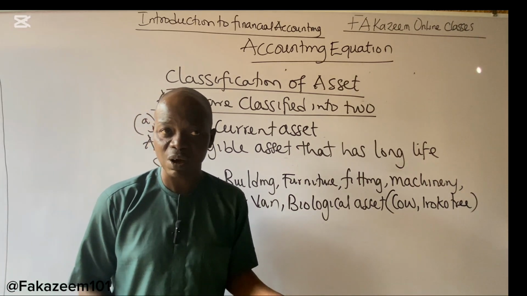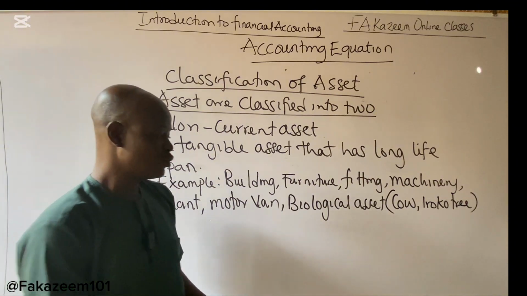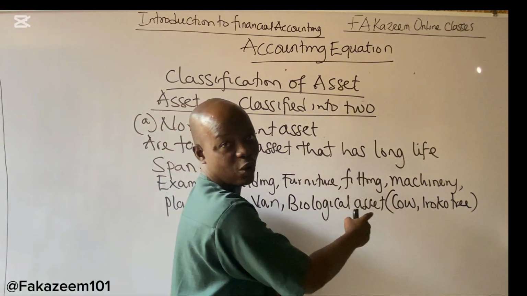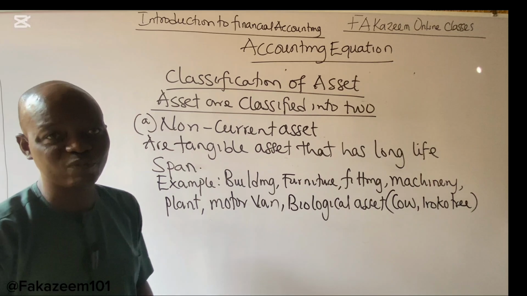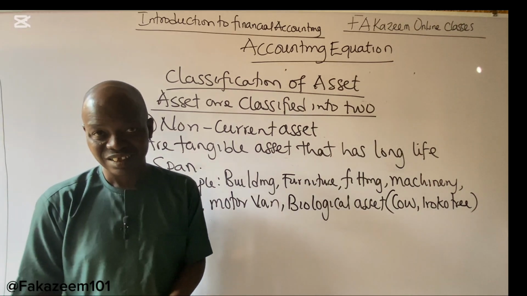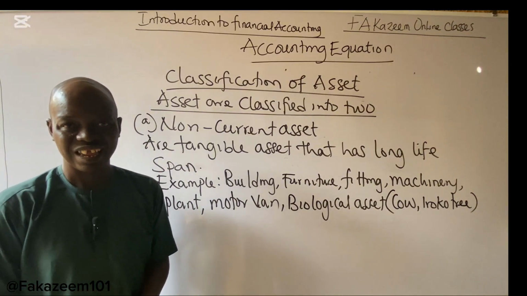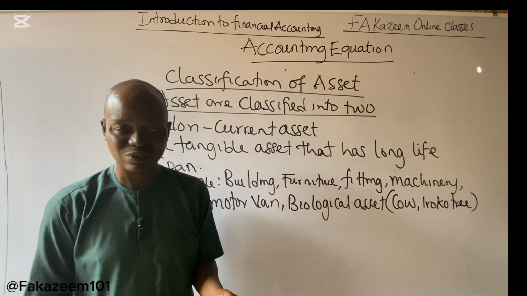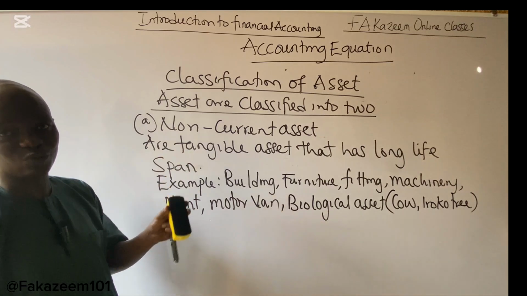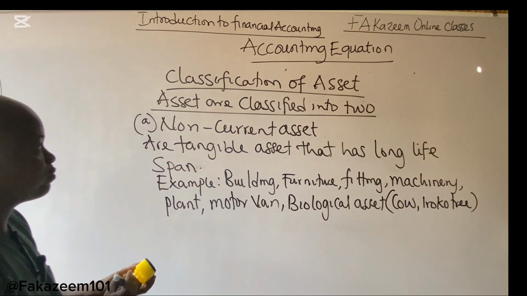IAS 40 is talking about accounting for agriculture. And under accounting for agriculture, you come across what we call biological asset. For those of you that want to venture into mechanized farming, cow, Iroko tree, and other things in the farm are to be classified under non-current asset. This is one of the classification of asset.